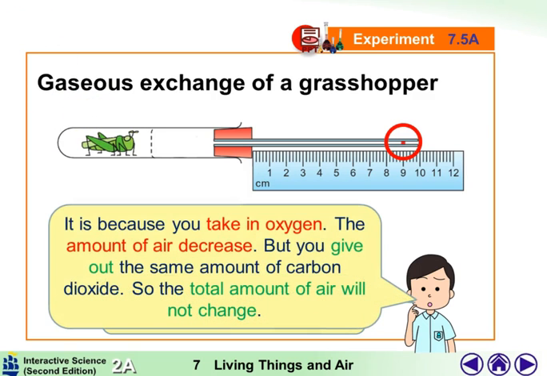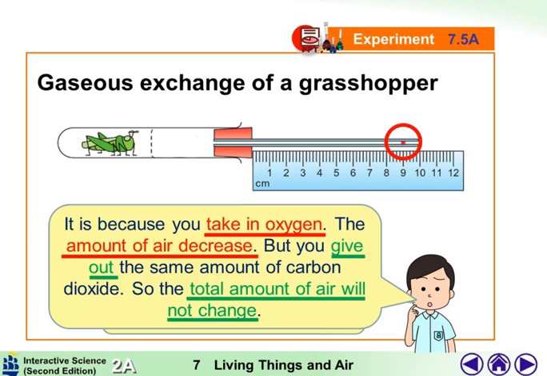Okay. Now, it is because you take in oxygen and the amount of air decreases, but you give out the same amount of carbon dioxide, so the total amount of air will not change. Right. Good boy.